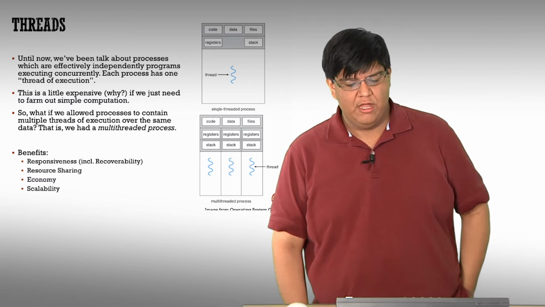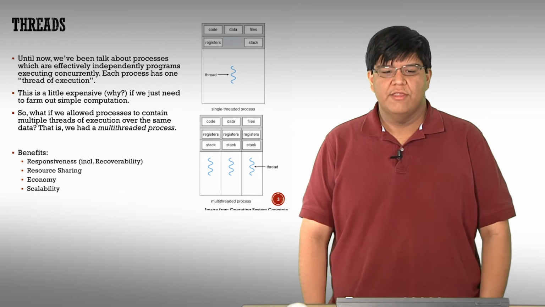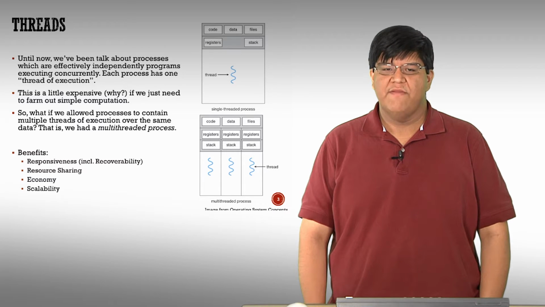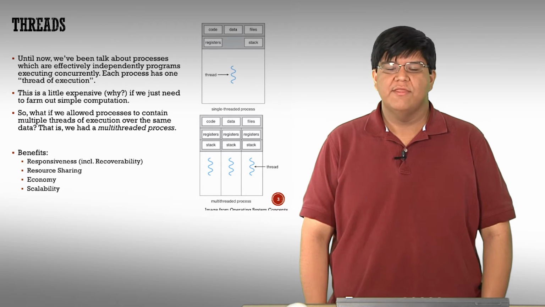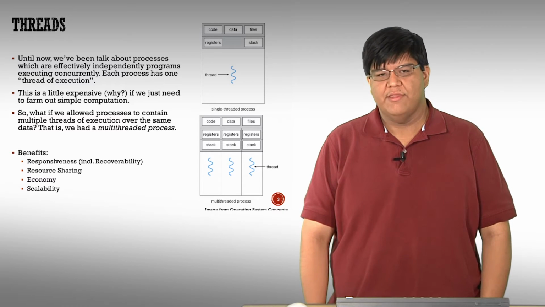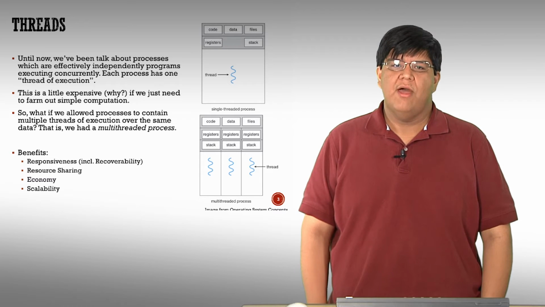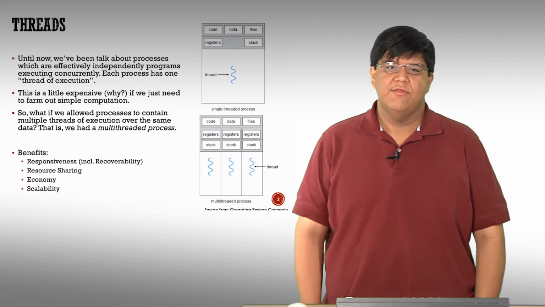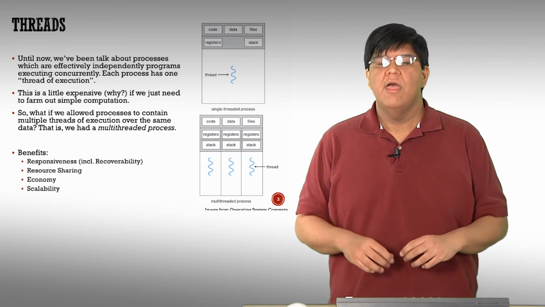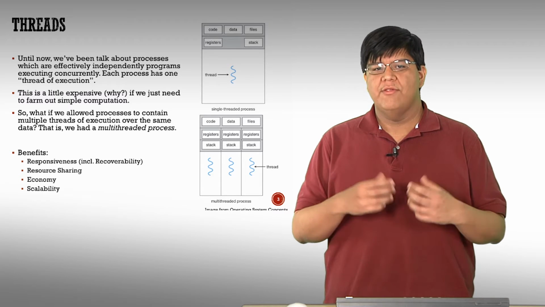This is something we're not going to talk about a lot in this chapter, but what's important is that there are some problems that are very large. Maybe you picture an algorithm that's trying to sort a data set that has billions and billions of entries. Normally on a single threaded process, that would take days or something like that. Well, if I have different threads running on different physical CPUs, then I can take that big piece of work, split it into pieces, do it in parallel, and then combine it and get my result back out.